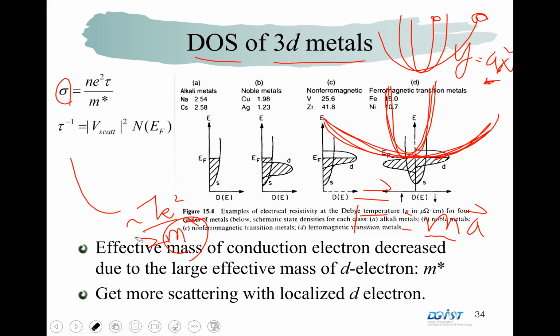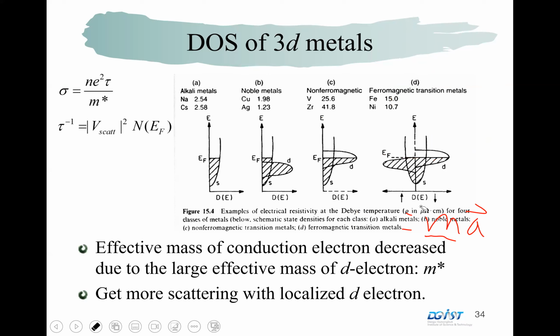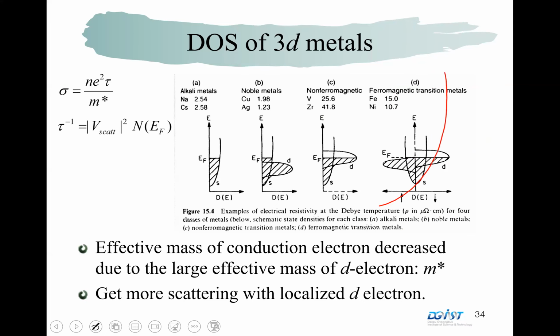So the main goal of this lecture about the band structure is understanding this kind of behavior. As I mentioned, the S or P electrons usually have a large beta, the hopping integral, so the bandwidth is large, and they have such a parabolic shape.